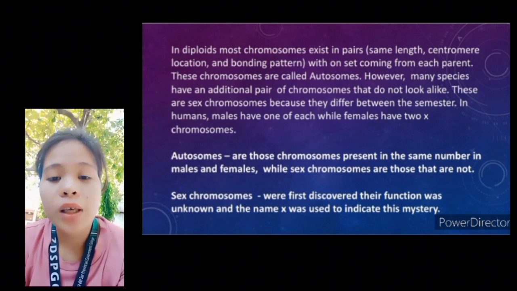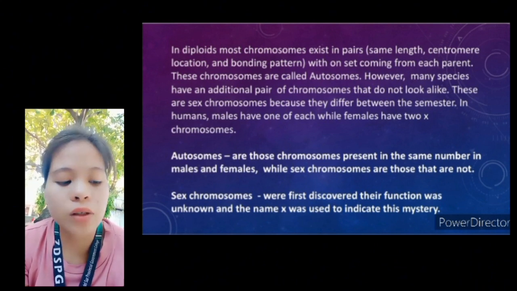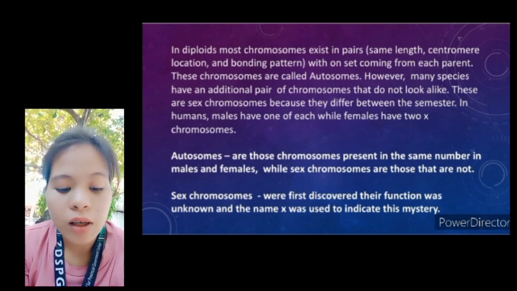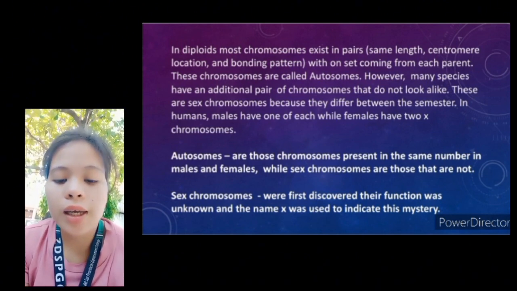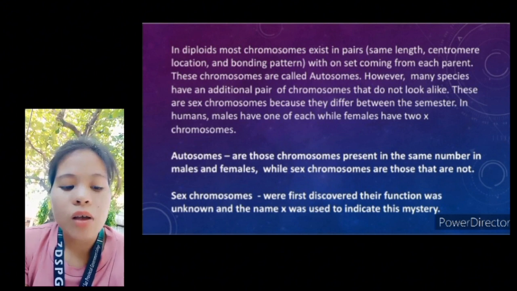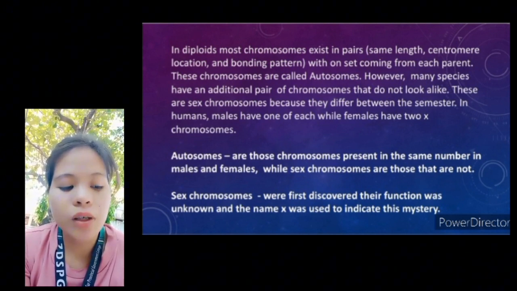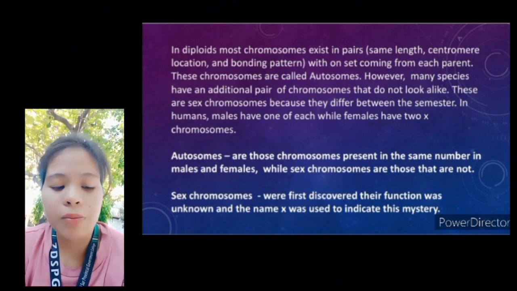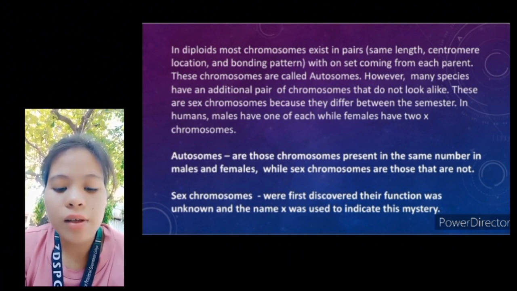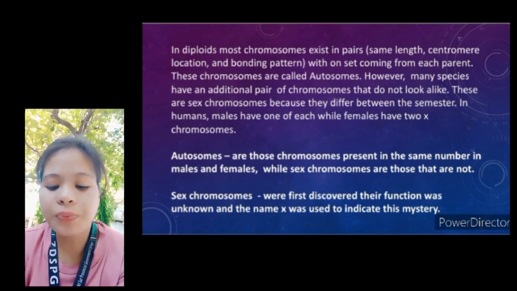In mammals, fruit flies, and some flowering plants, those with two X chromosomes are females, while those with XY are males.